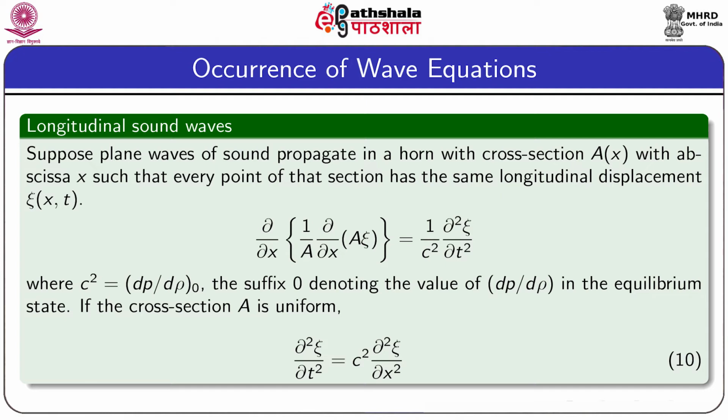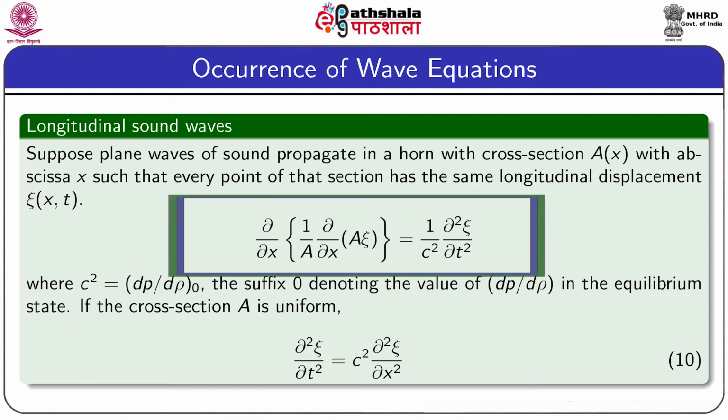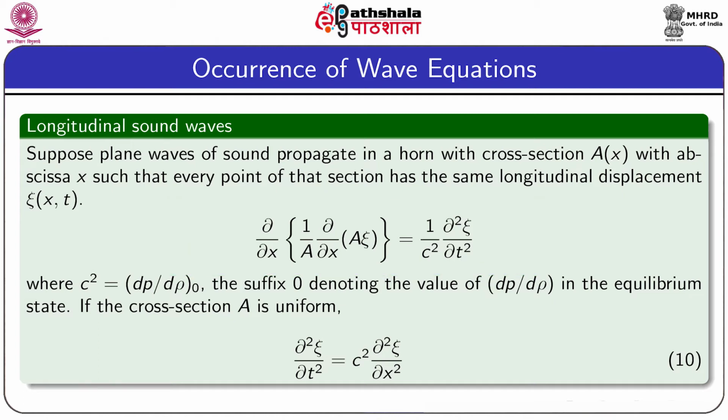Then xi will satisfy the differential equation del/del x of (1 by A del/del x (A xi)) is equal to 1 by c square del 2 xi/del t square, where c square equals dp/d rho at 0. The suffix 0 here denotes the value of dp/d rho in the equilibrium state.